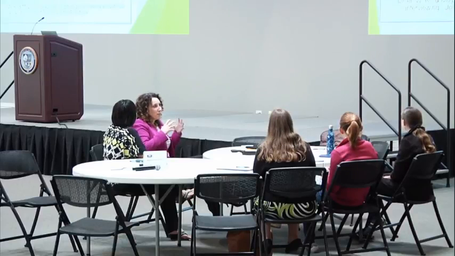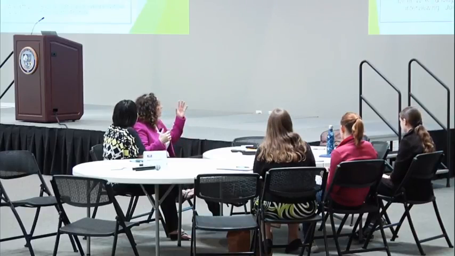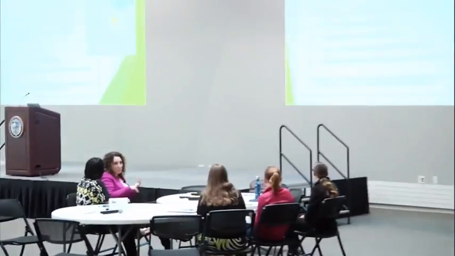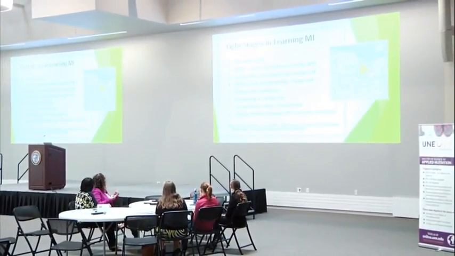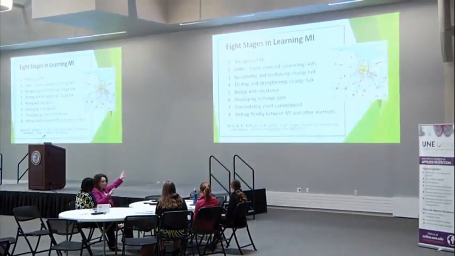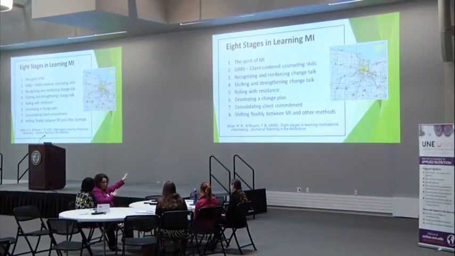So the next piece are the skills. I didn't go into those in the first part because that's what a full training should really be. They're acronyms, so this is the other acronym for the skills. The change talk, again, is really important, recognizing it and then figuring out how to strengthen it, evoke it, and draw it out. Rolling with resistance, again, we're moving away from that term, but it's dancing with discord.